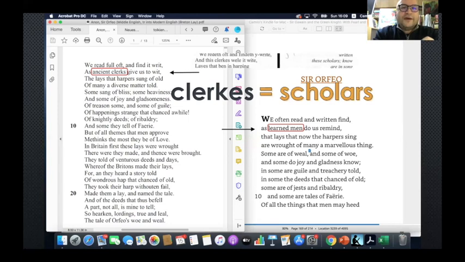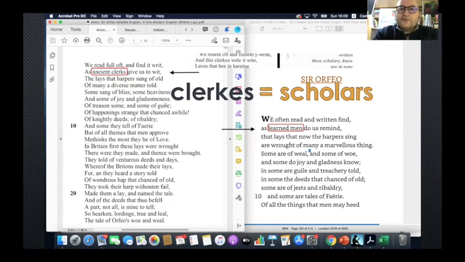Weston, and I'm seeing this throughout, most of the time sticks closely to the text of the Middle English and doesn't change it much. But what I'm seeing with Tolkien is just in the second line, you see already that instead of writing about clerks or scholars, he says learned men.